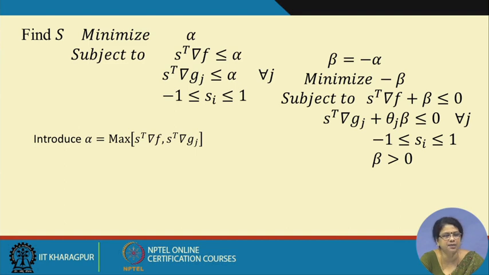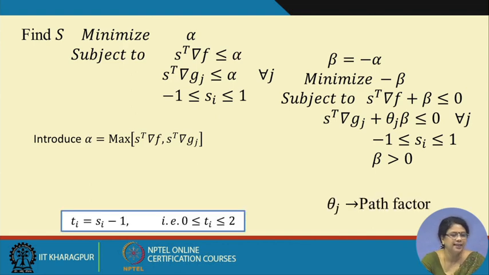Then let us have a certain mechanism so that this negative variable will be converted to a positive variable. That is why we will consider one factor T_i, that is equal to S_i minus 1. So that S_i is going from -1 to 1, then T_i will be from 0 to 2. That is the beauty of this method.